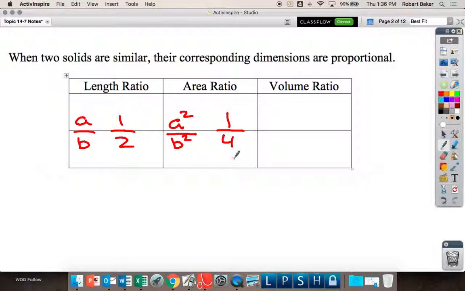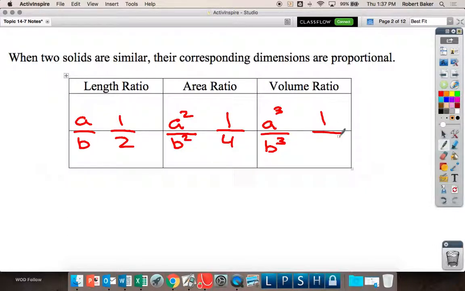So a ratio of volumes is going to be A cubed over B cubed. So instead of doing 1 squared, we have to always go back to our original scale factor. What is 1 to the third power? 1 times 1 times 1, which is 1.